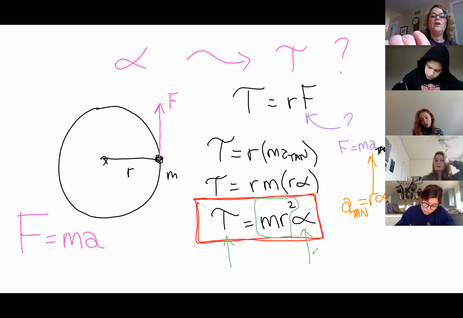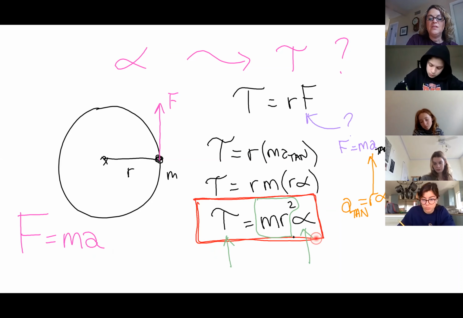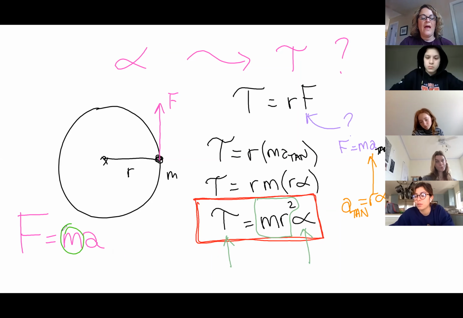So in each case, we have a force-like thing on the left side, an acceleration-like thing on the right side, and then something else that's a multiplier. In the original linear equation, we have mass over here. What is mass?